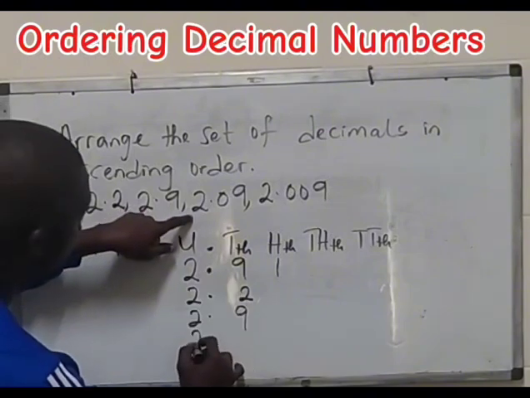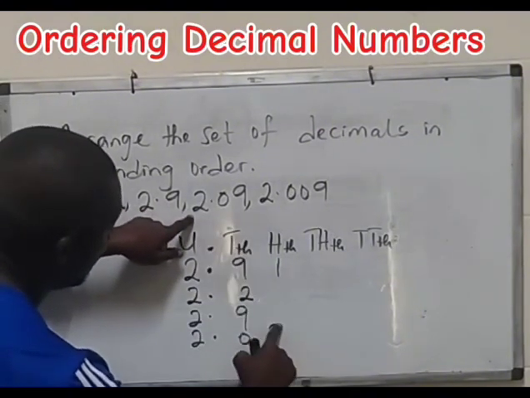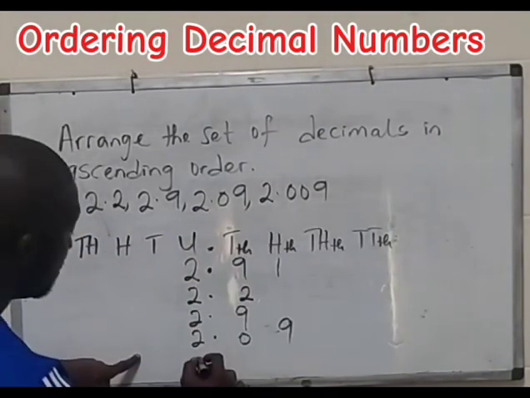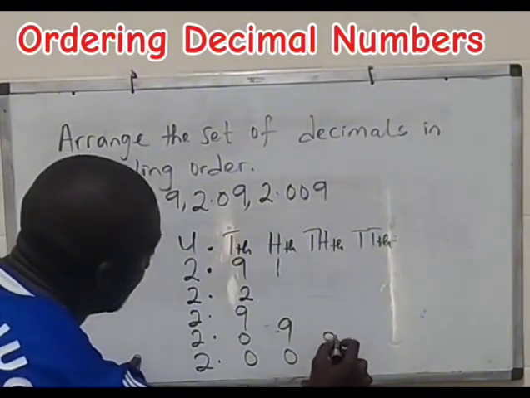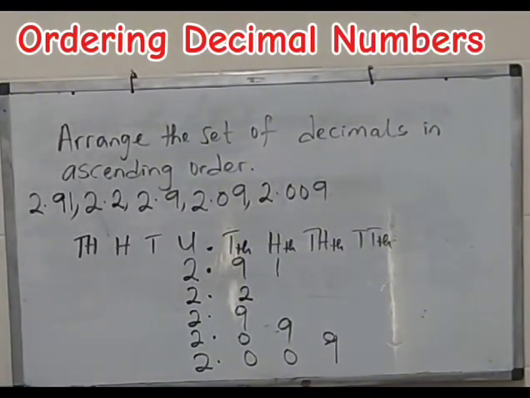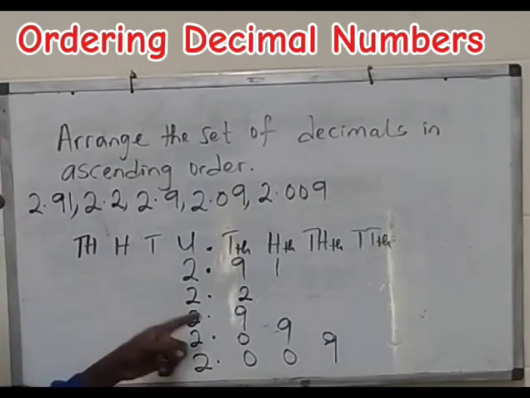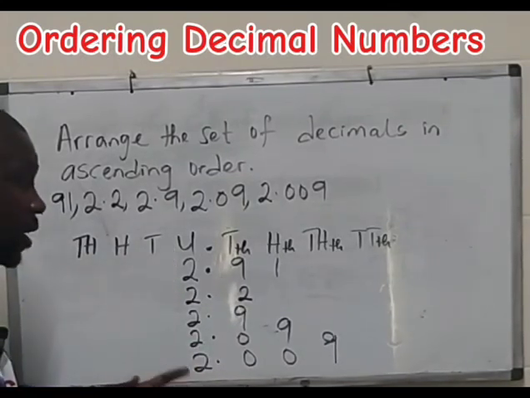Then we have 2.09. This 9 comes under the hundredths. Then we have 2.009. I guess we understand. We can see that the numbers before the decimal are all under the units value.